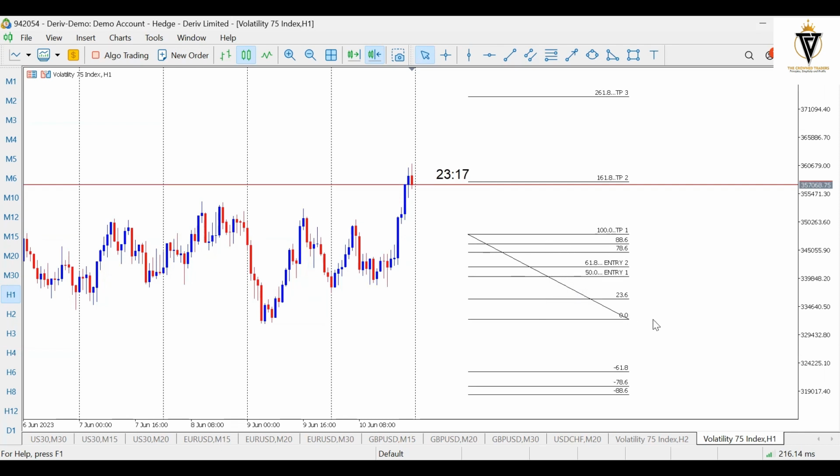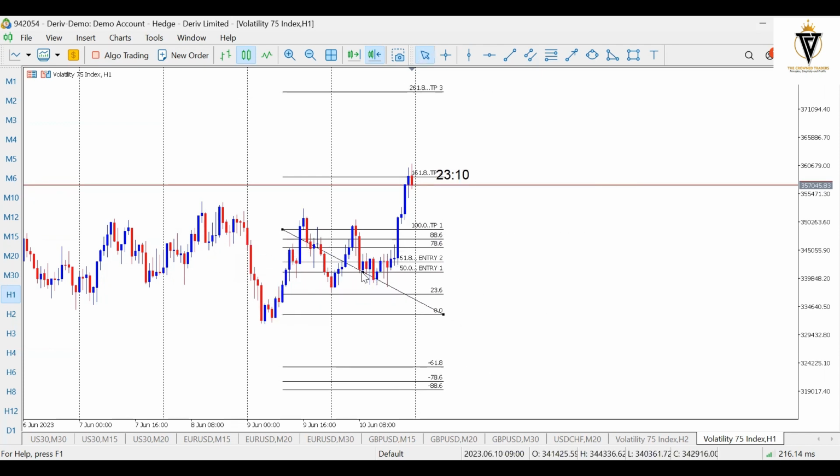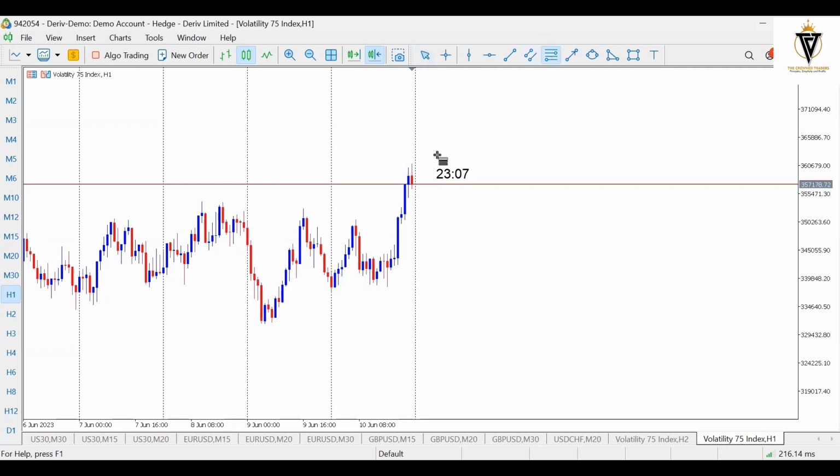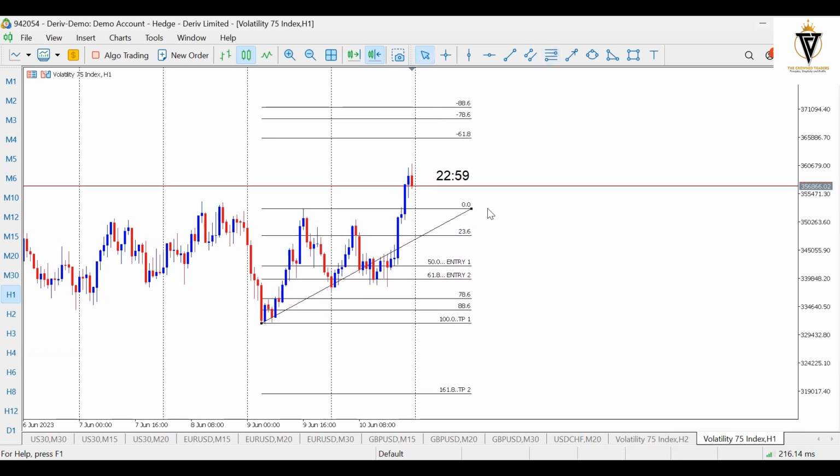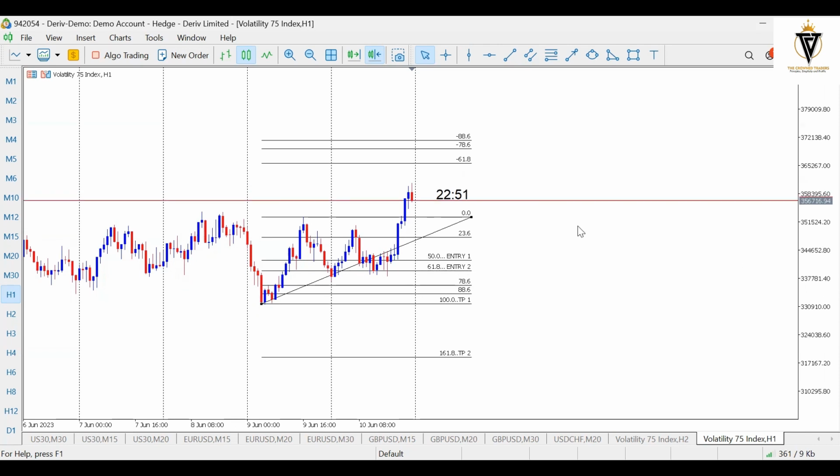So let's see. Let me make an example of these charts and see. Let me see. So zoom. Looking for a buy. All right, so a mistake was made.